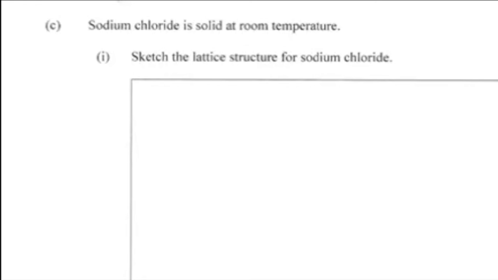All right, part C, sodium chloride is a solid at room temperature. Sketch the lattice structure for sodium chloride. Okay, so we just need to be able to draw it 3D somewhat. It doesn't have to be perfect. Our ability to do an isometric projection is not being tested here.